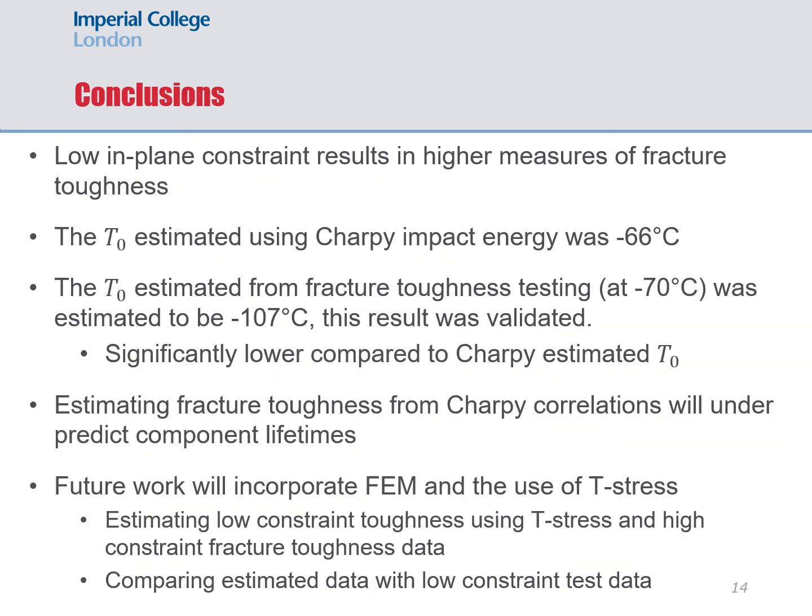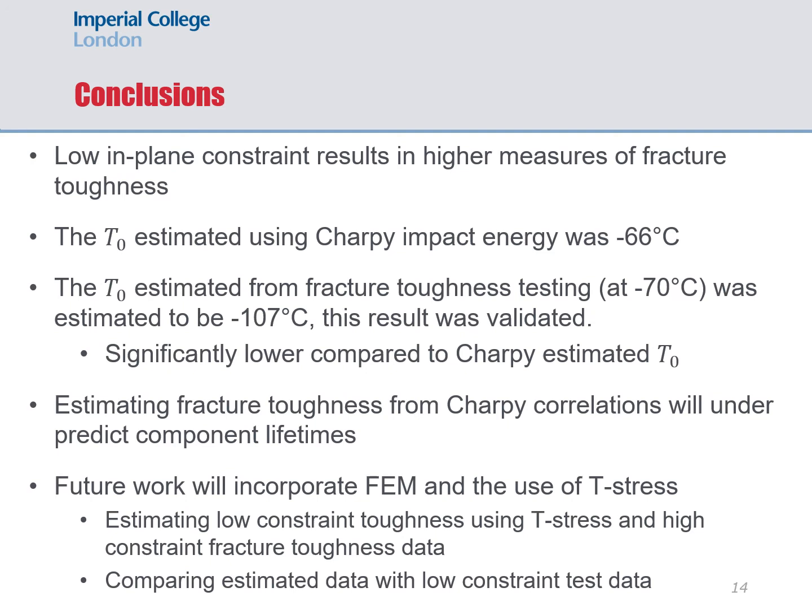To conclude this work, we can say that shallow notch specimens, i.e. specimens with low in-plane constraint conditions, will have higher measures of fracture toughness compared to deeply notched specimens. The Charpy impact energy predicted the T0 value to be approximately -66 degrees. Fracture toughness testing was then conducted at -70 degrees Celsius, and the T0 value was re-estimated to be closer to -107.